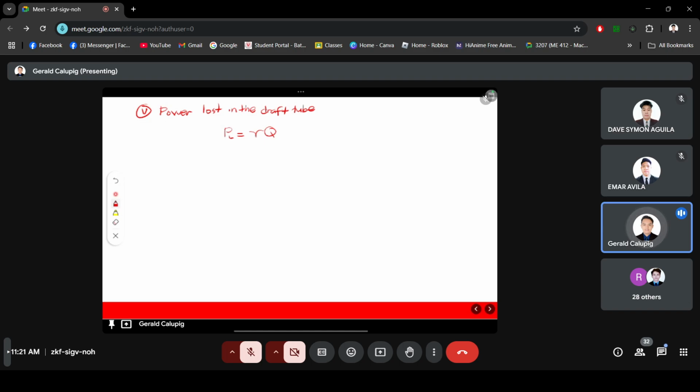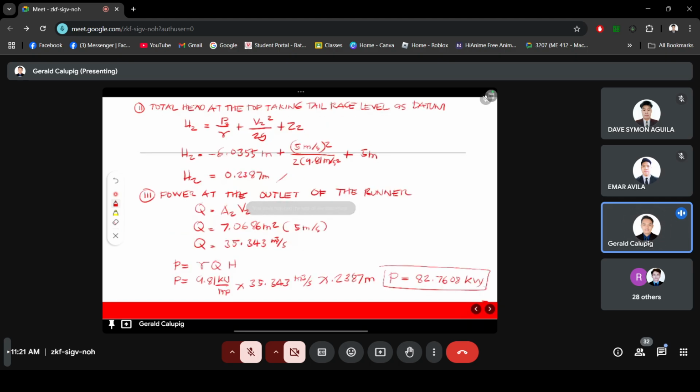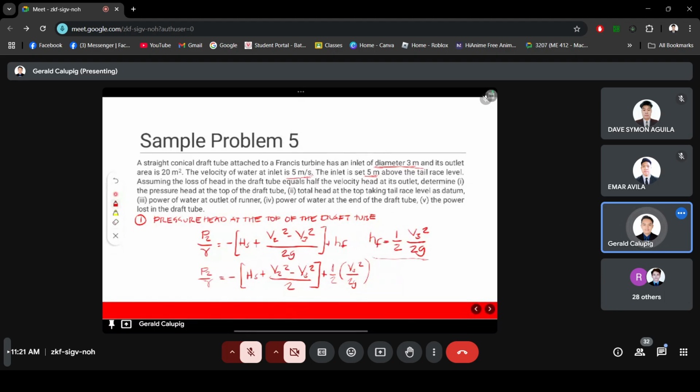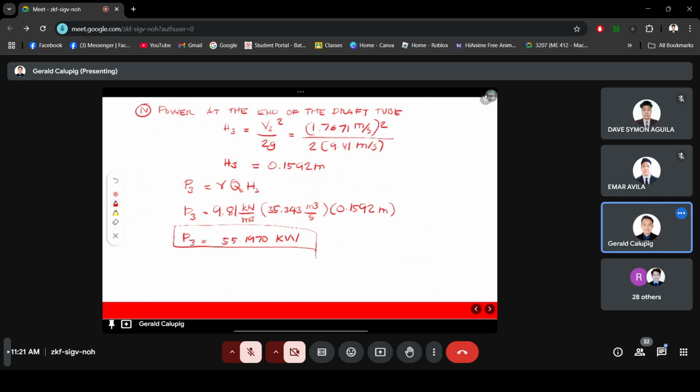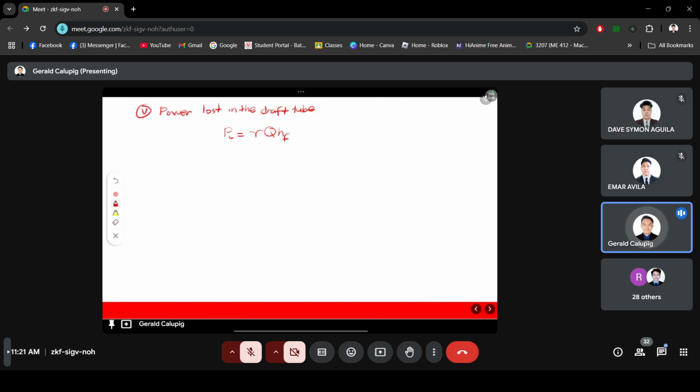Ang gagamitin natin na H is HF. Okay? Since loss ang hinahanap, power loss. Meron tayong formula kanina sa HF, di ba? Ang HF natin is equal to 1 half ng V3 over 2G. We already have the V3 over 2G, which is this one, H3. Okay? So we can have PL is equal to specific weight times Q times 1 half ng H3.